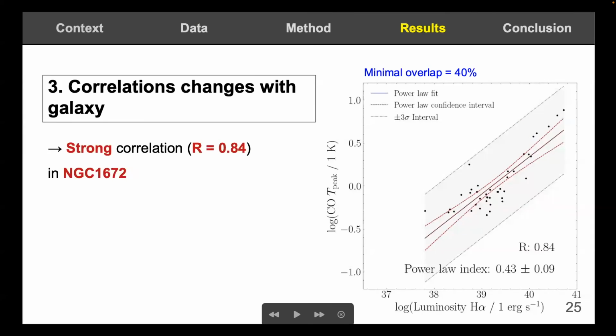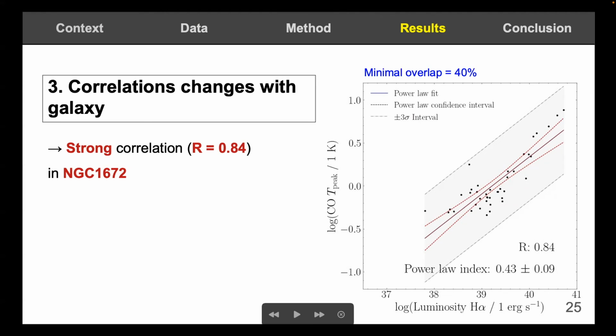Now the third and last part of the analysis was to study those global correlations as a function of different galaxies, because we have 19 galaxies in our sample. So here you can see again peak temperature and H-alpha luminosity, considering H2 regions and molecular clouds from NGC 1672 only. And this time there is a very strong correlation between the two properties.